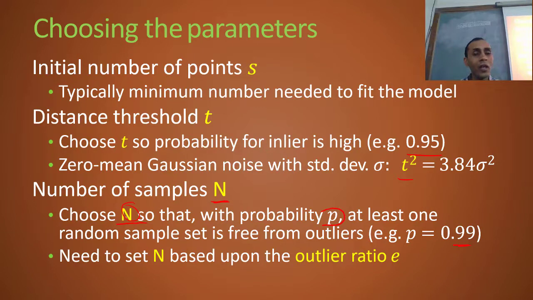And the value of n will be determined based on the outlier ratio E. So we can calculate this value n using this outlier ratio E.